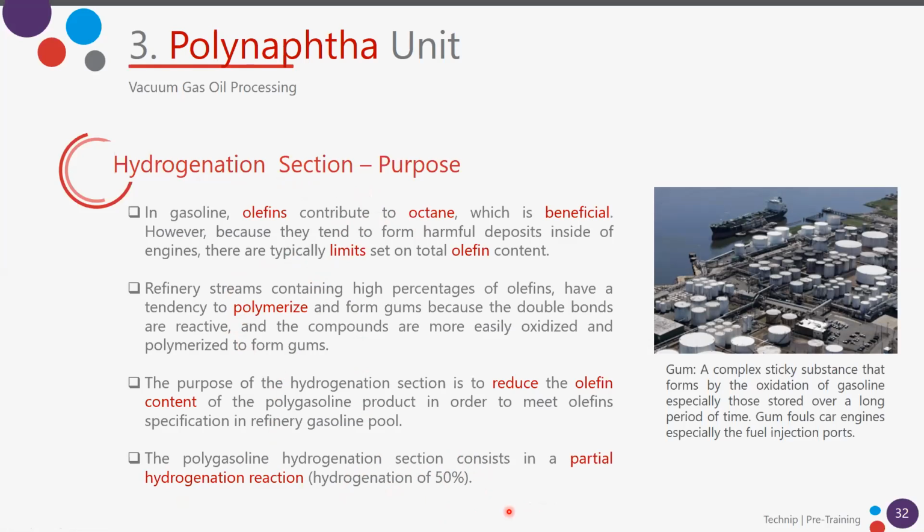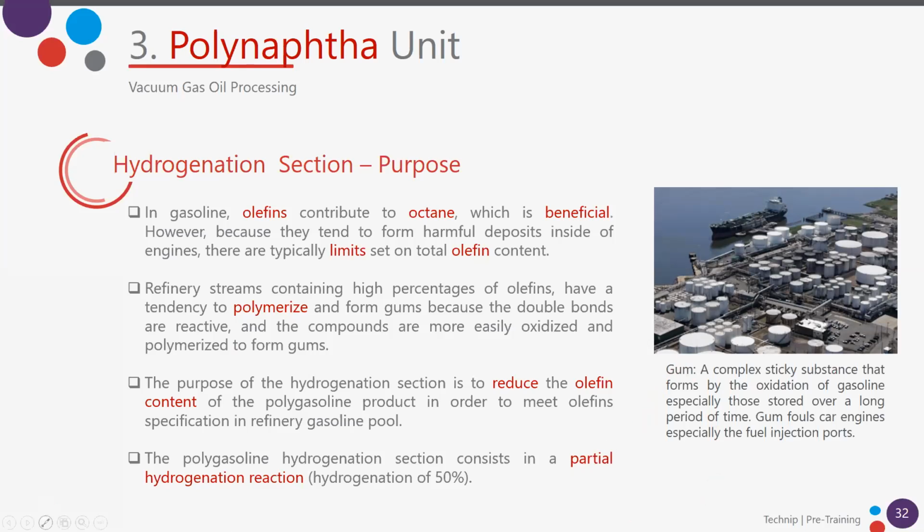The reason why we have this hydrogenation reaction is the gum formation, okay? And the olefins are the main precursor for the gum formation. And we have a specification for the gasoline pool that you cannot have more than 18% volume of olefin in the gasoline pool, okay?